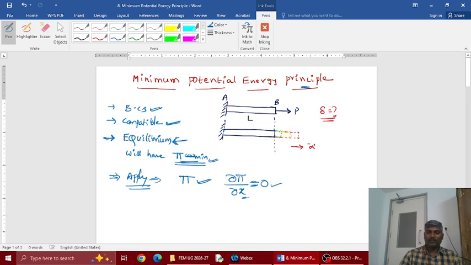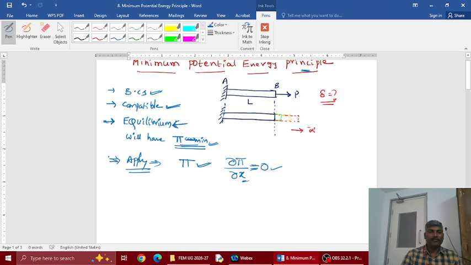If you think in the reverse way, if potential energy is minimum, if pi is minimum, then what you are getting is an equilibrium condition. Which means I will get the equilibrium equation.